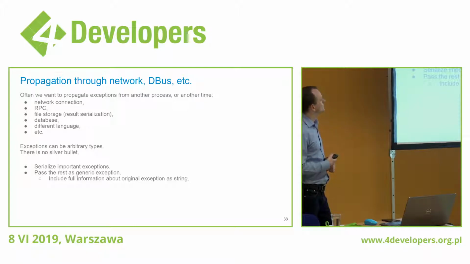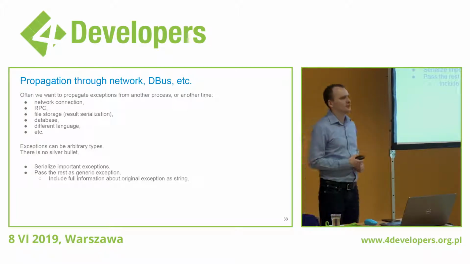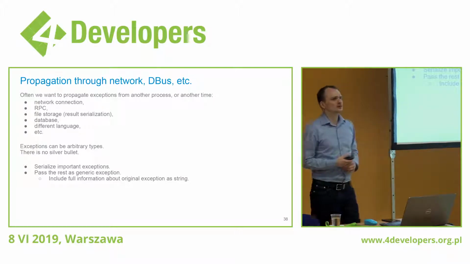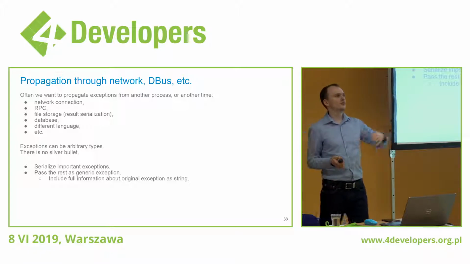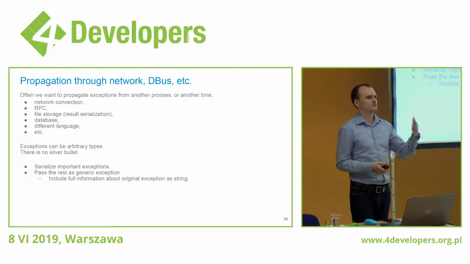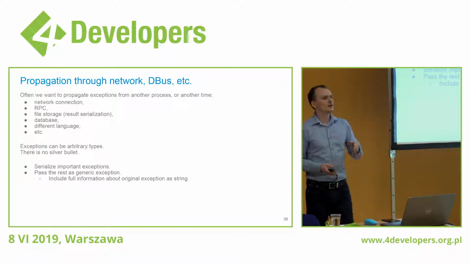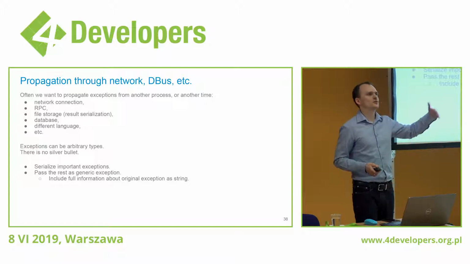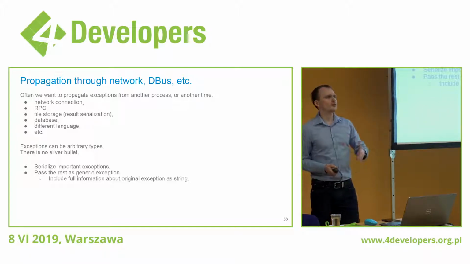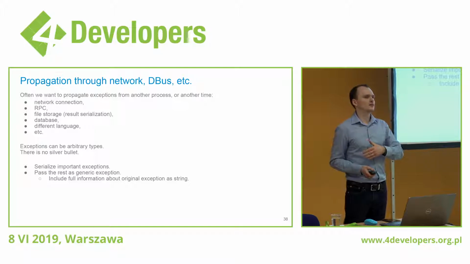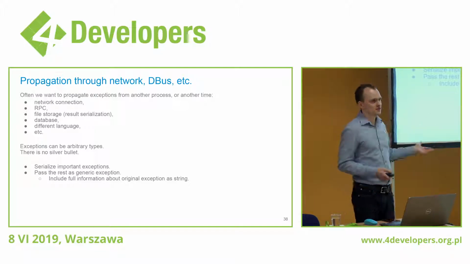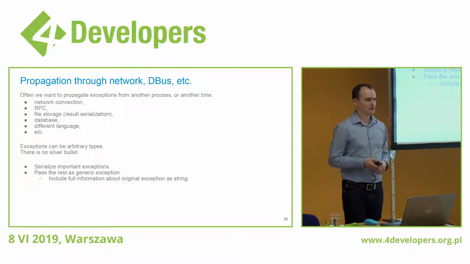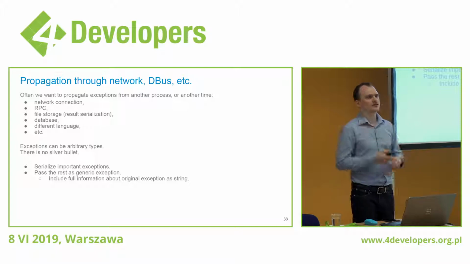Okay, so another place where you would want to propagate an exception is where you have some different medium at some point. So for example, when you reach a point where you want to report an error somewhere remotely. So you have to propagate the exception through a network or through a messaging system, or store it into a database, and then sometime later maybe load it back.